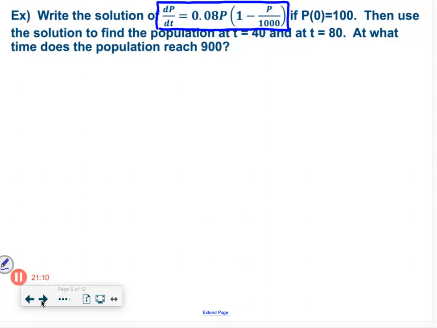So this is your logistic differential equation. What I want you to do is look at this, find K, find M, and then write an equation for P, plugging in the K and the M. You can talk to each other. Take about a minute and see if you can figure this out.